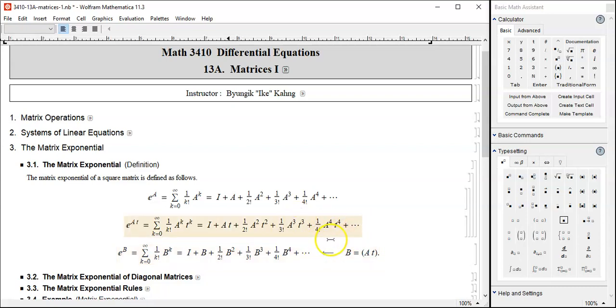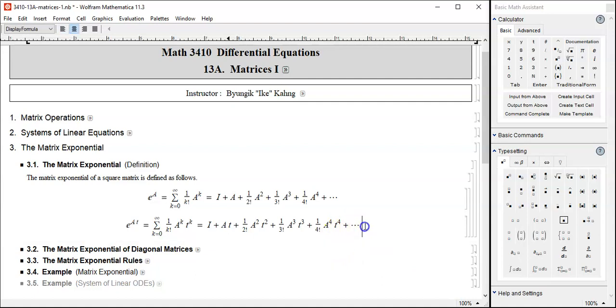So this one down here is actually a special case of this one, to tell the truth. But it's written in a little bit confusing fashion because you may get an illusion that this A and that A may be related, but they're not related. Now, how useful is this one?